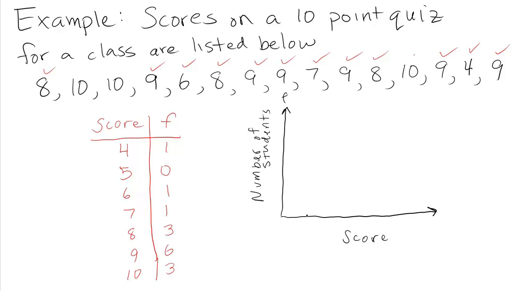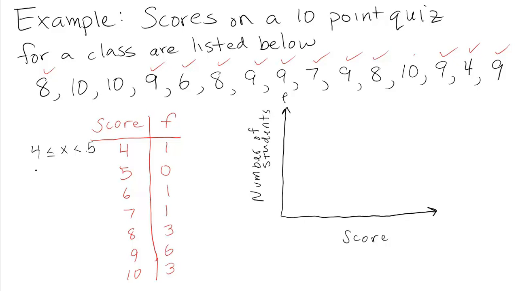After drawing the axes, the next step is to use class boundaries on the horizontal axis, and that might cause you to wonder how we're going to do that when we don't have intervals here. Well, if we think about it in kind of a nerdy way, every score of 4 is technically between 4 and 5, not including 5.